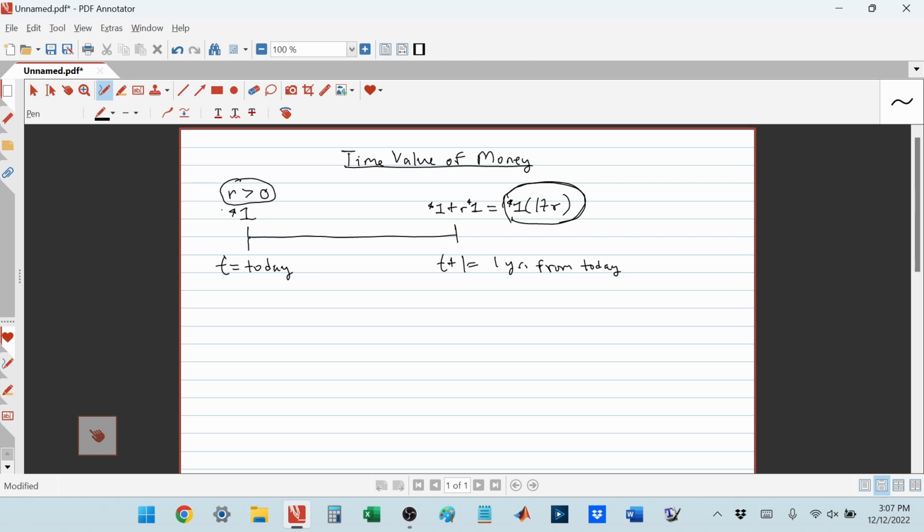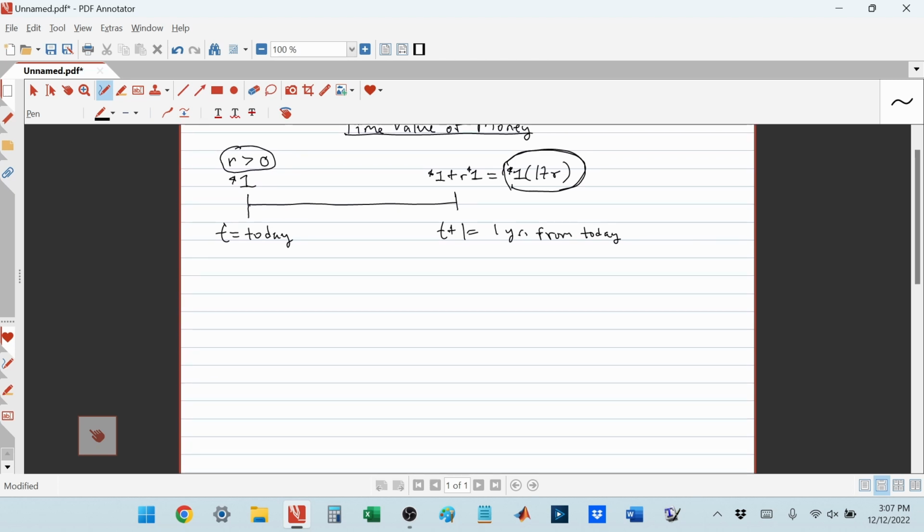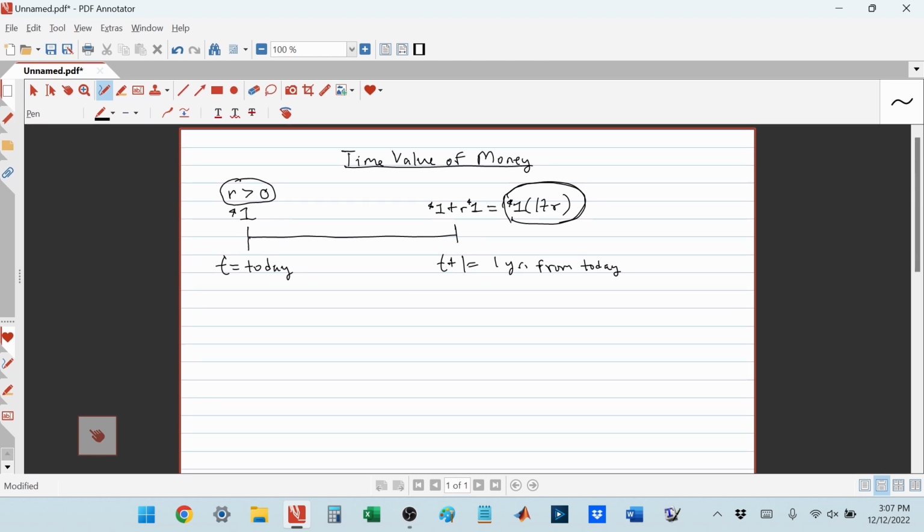You're indifferent between receiving $1 today or $1 a year from today if you cannot take the $1 received today and invest it and earn any rate of return. So we're going to work through 6 equations that are the fundamental equations to the time value of money. And all 6 of these equations depend on that assumption that you can earn a positive rate of return R.